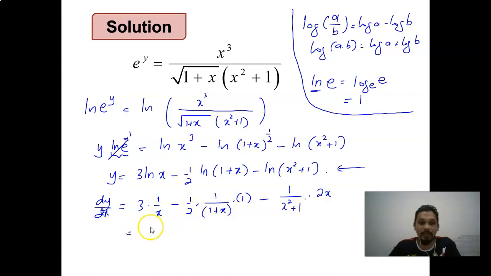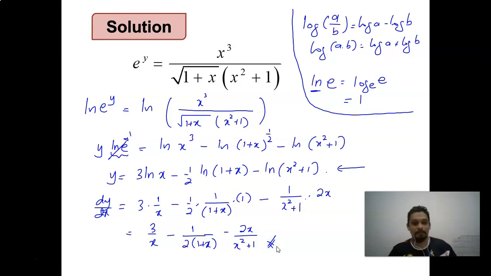So now we come out with 3 over x minus 1 over 2 times 1 plus x, minus 2x divided by x squared plus 1. That's it.